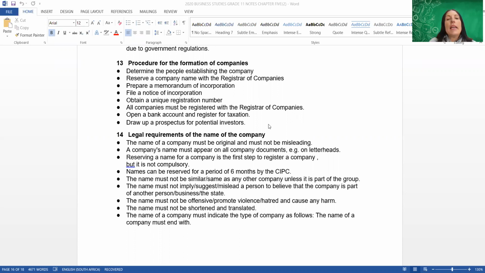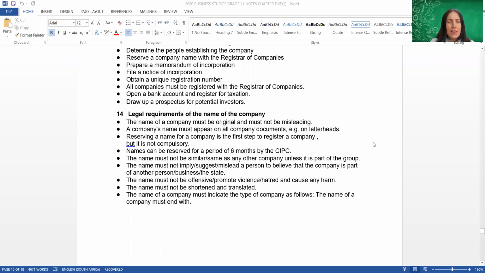So, okay, let's have a look at the legal requirements of the name of the company. I think we've touched on that in term 1, but let's just rather go through it. First of all, the name of the company must be original and must not be misleading. So when you submit your suggestions for a name for your company, it will go through a screening process on the CIPC site anyway.